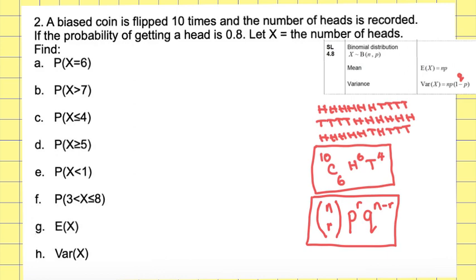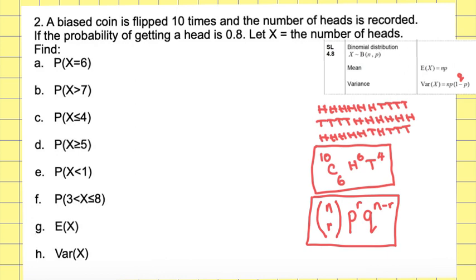But luckily, we don't have to use the formula. We're allowed to use our GDC. On the TI Inspire, there are 2 functions that allow you to calculate the probabilities for binomial distributions.